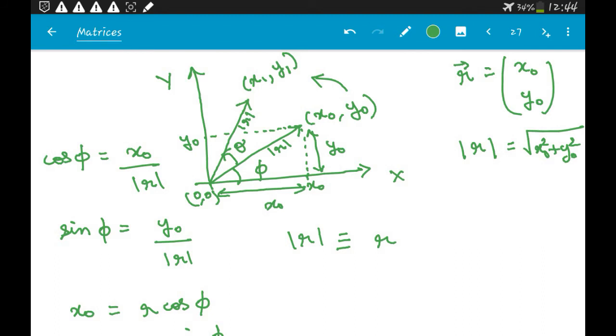Now we see that there is a new x1 and y1. This is your y1 and this part is your x1.